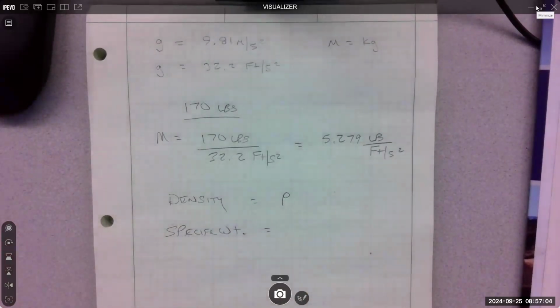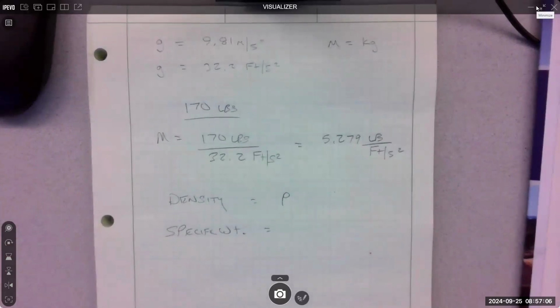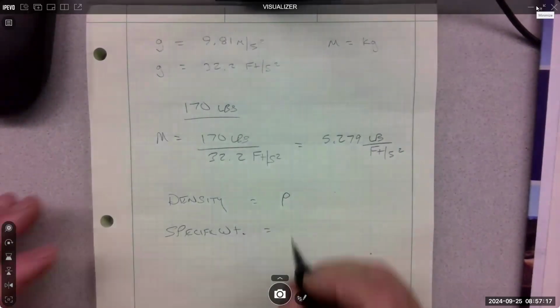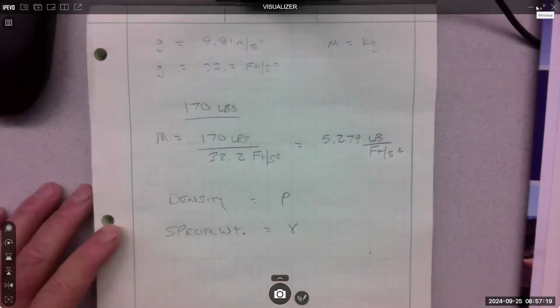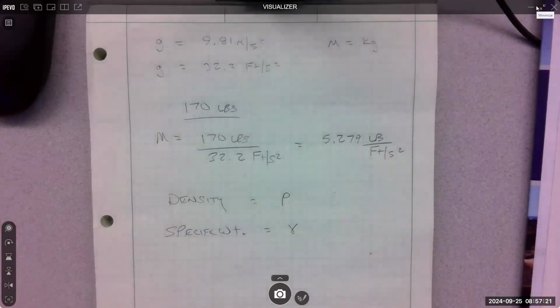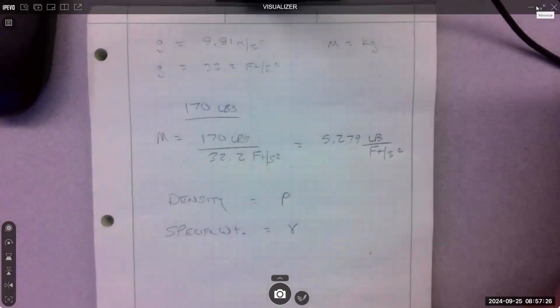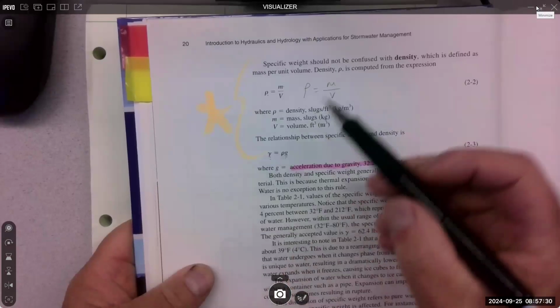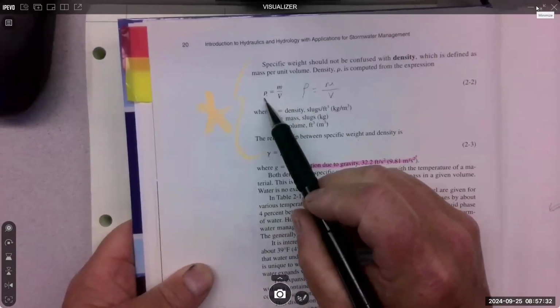It's kind of a P, but if you don't put the straight line and then do the circle, it looks more like rho. So density is rho, and specific weight is gamma, that's my gamma, the best I can do it. Again, this is what the book's using for specific weight and for density.